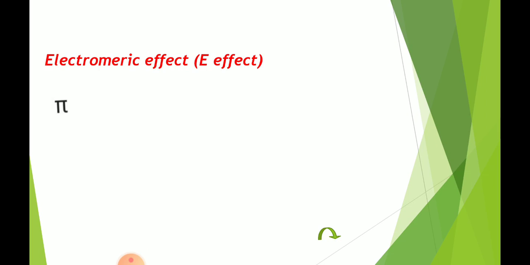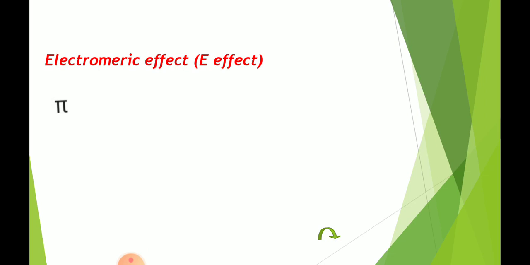Okay, so electromeric effect is possible in organic molecules in presence of an attacking reagent. Only when an attacking reagent is present does the electromeric effect happen.